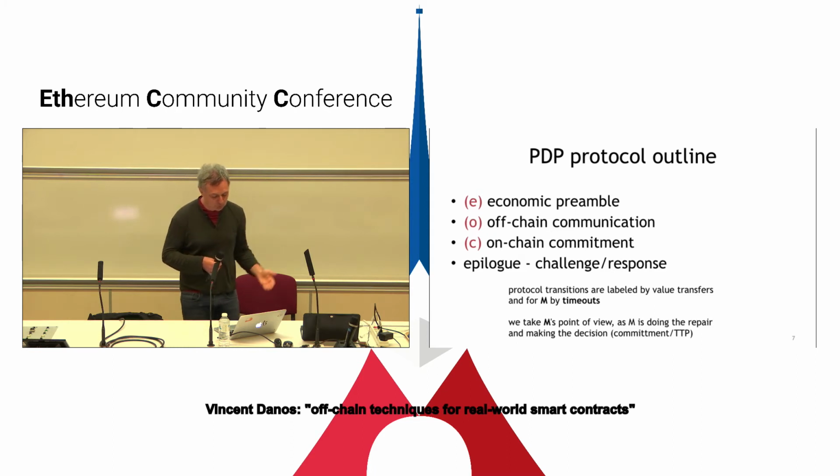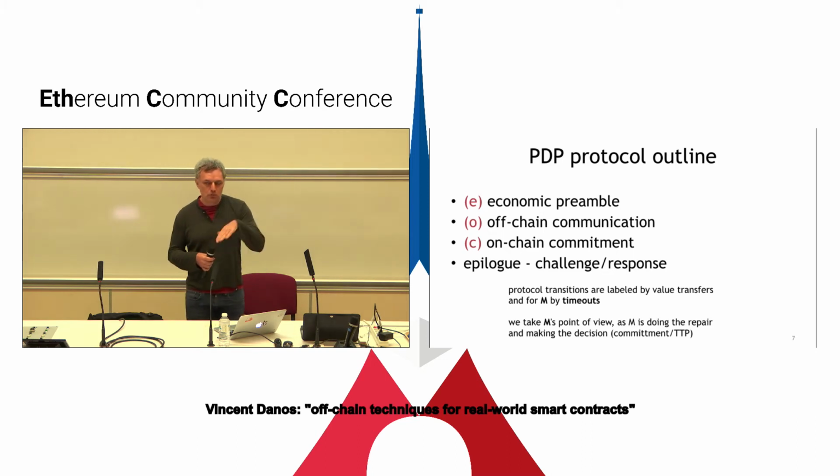It's a challenge-response protocol. In the little depiction that I'm going to use, the transitions of the protocol are labeled by value transfers. I think the notation is pretty intuitive. And I put a little delta timeout on the mother contract each time the mother contract M sets up a new timeout.